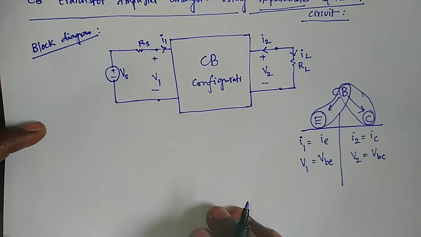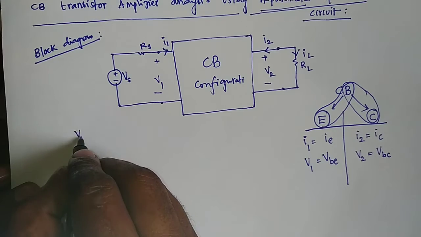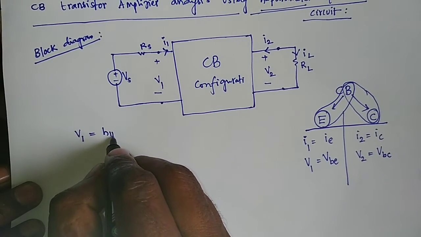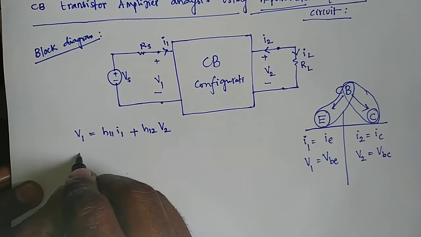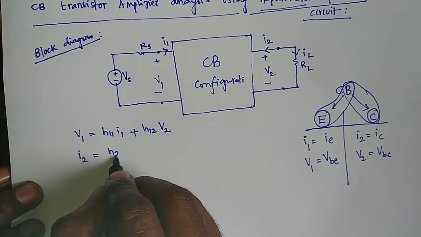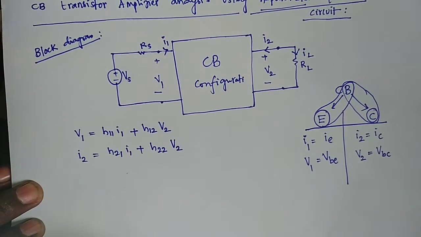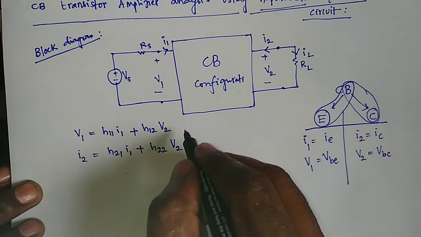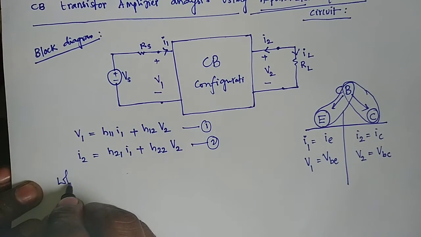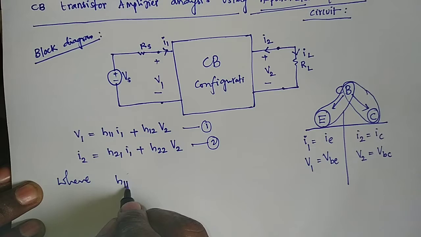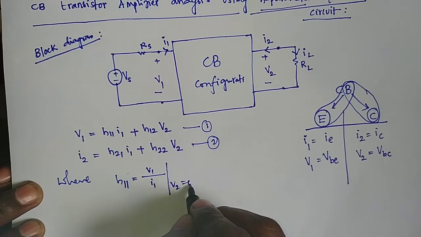Okay. Now the formulas for H parameters: V1 is equal to H11 I1 plus H12 V2, and I2 is equal to H21 I1 plus H22 V2. These are equations number 1 and 2, where H11 is equal to V1 by I1 when V2 is equal to 0.